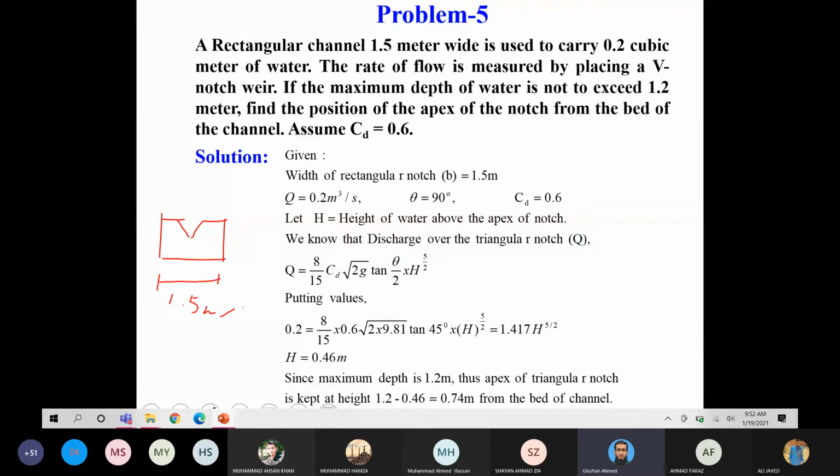If the maximum depth of water is not to exceed 1.2 meters, means इसकी जो maximum depth है वो 1.2 meters है, इससे ज्यादा flow नहीं हो सकता. Find the position of apex of the notch. अब ये apex है, इससे हमने find करना है x.